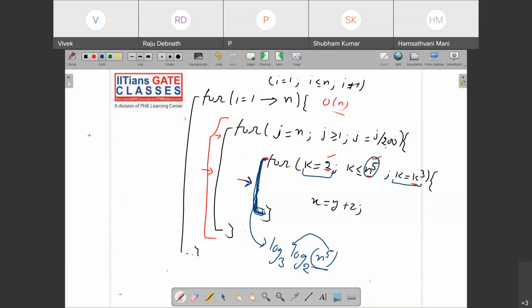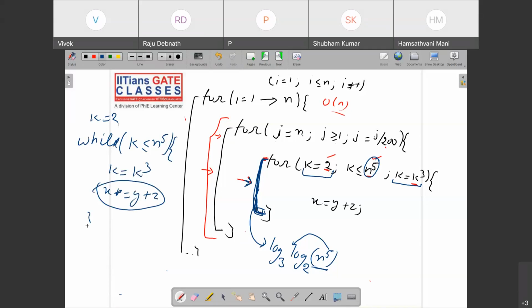It's like, initially k value is 2, we are doing while k is less than equal to n raised to power 5, and we are doing k equal to k raised to power 3, x equal to y plus z. This step is not contributing to the loop variables, so you can neglect it for now. But this is what we are doing in this for loop.